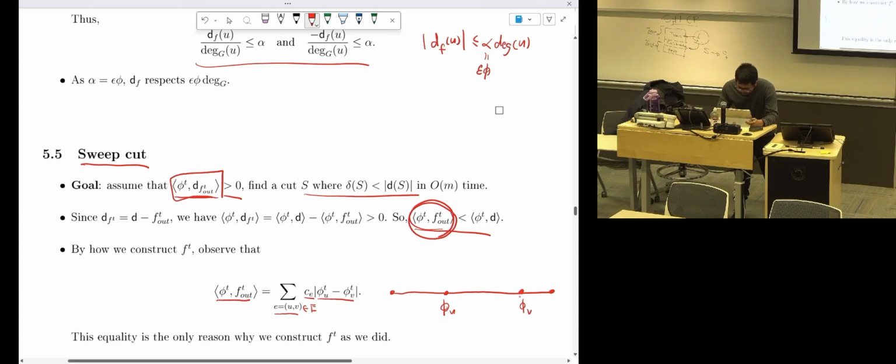If you look at each edge here, how does it contribute to this one?